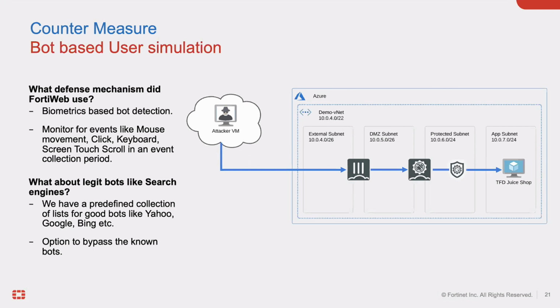So FortiWeb also has those search engines already predefined, and you could select to bypass them. So any traffic the application is seeing from those search engines is bypassed and allowed, not denied. You're not blocking the innocent client requests and known bots. So that's another thing we have on the FortiWeb.